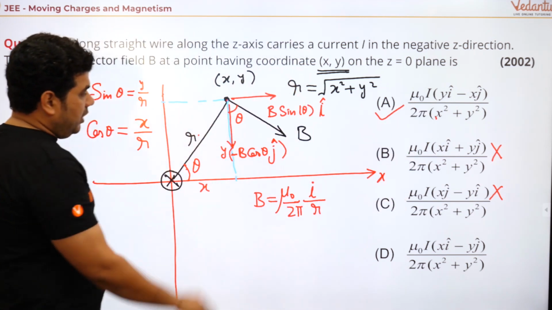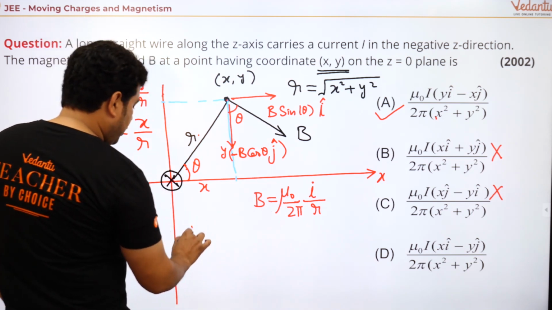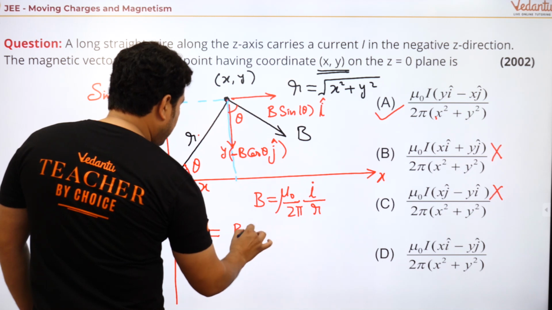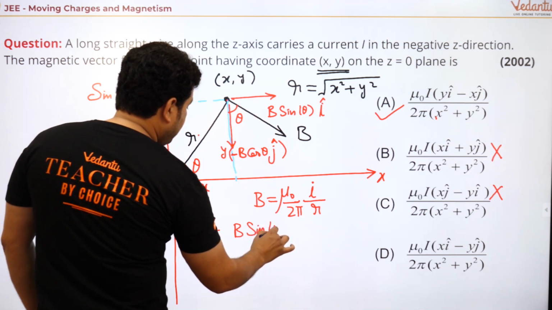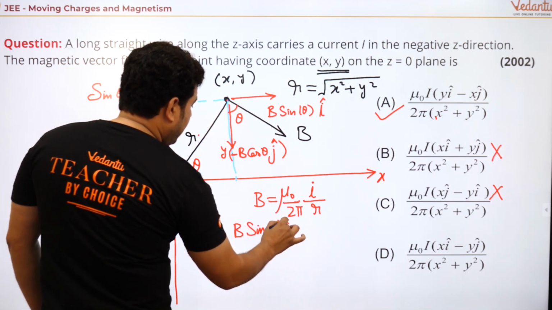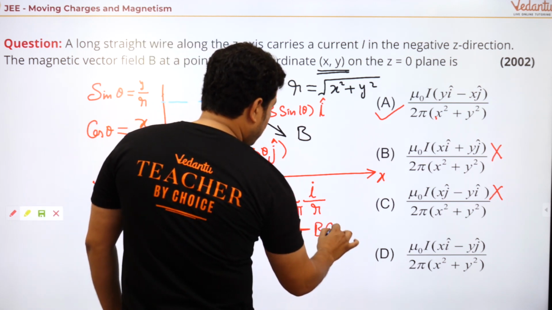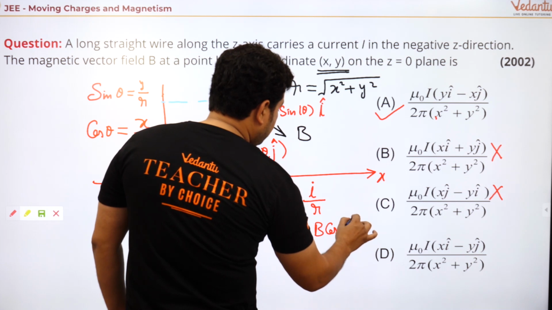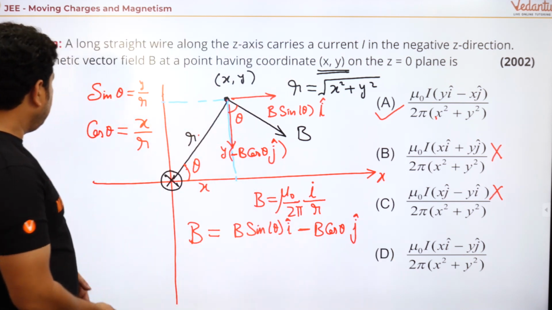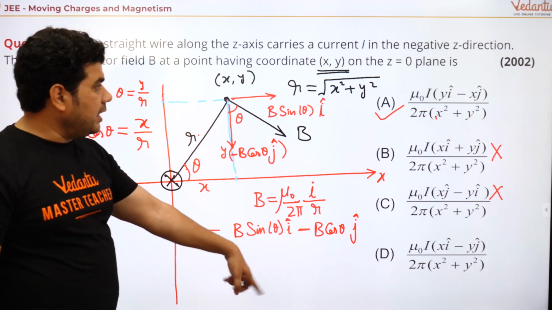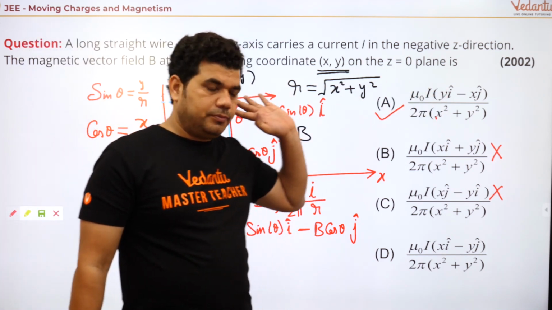But here we can say, calculating, B is equal to B sin theta I cap minus B cos theta j cap, and sin theta is y upon r, means y I cap.